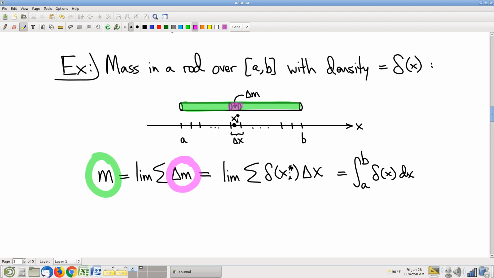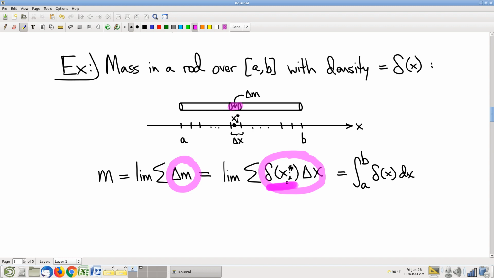Now next question: looking at this little piece of mass, how much mass is there in there? Here we have a very small piece. We're going to be talking about a limit, and let's not get distracted by formalities here, but the idea is that in the limit it becomes increasingly accurate to say that mass is density times size, because on these little pieces the density is increasingly close to actually being constant.